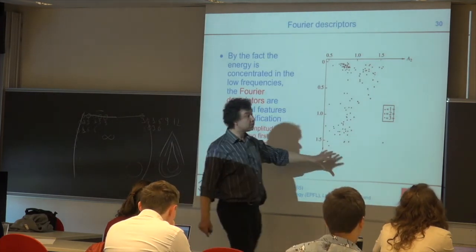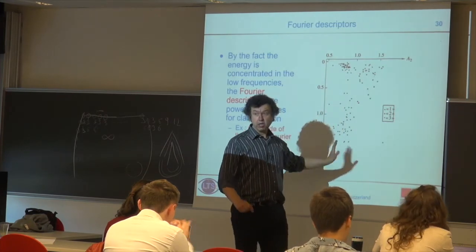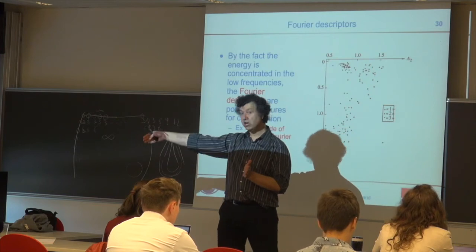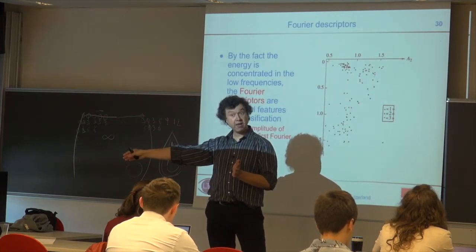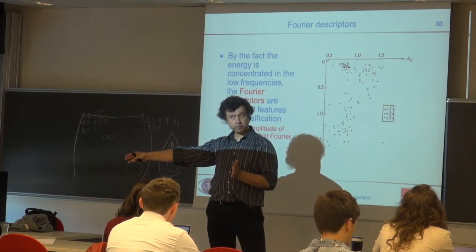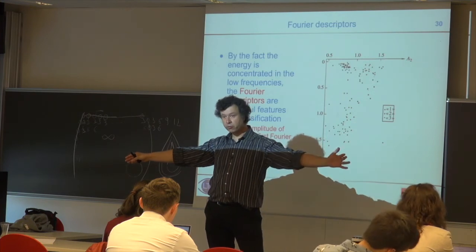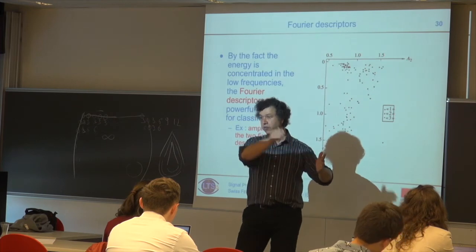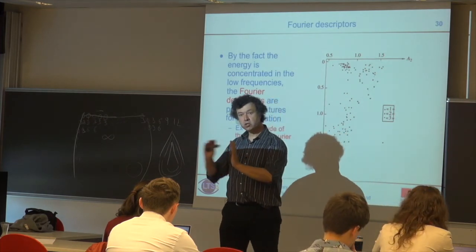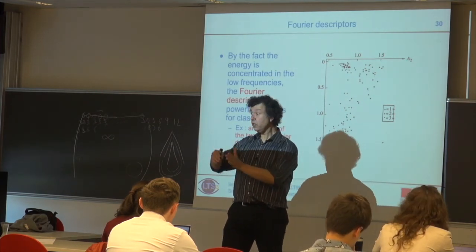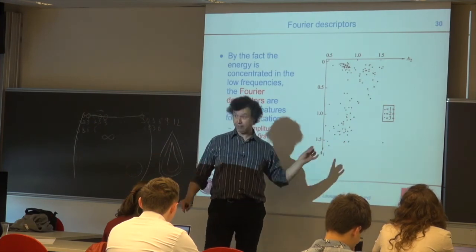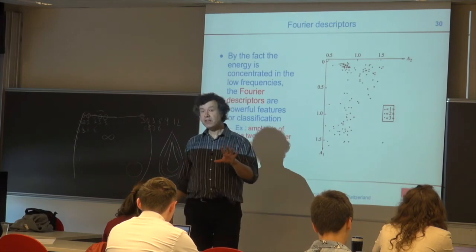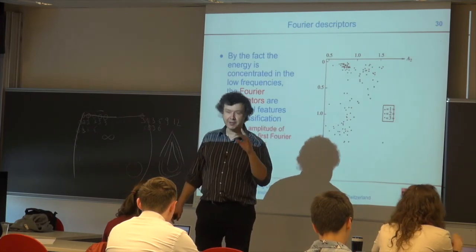They try to build a space in which the classes are nicely separated, such that the classification layer of a deep network will have an easy job. Don't think that a deep network is a black box which does you don't know what. No, it does feature extraction and classification, but it learns the features and it learns the classifier. And it still wants to have not too many features, millions only.